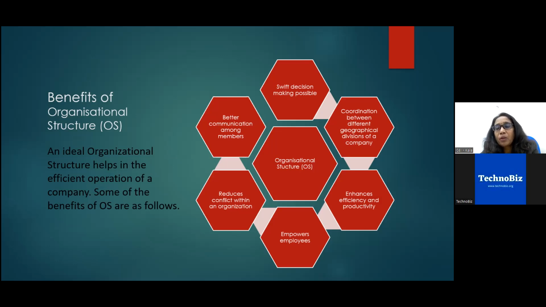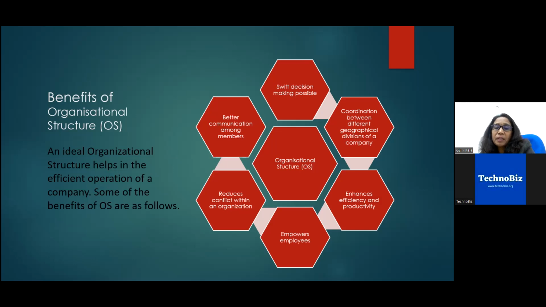For example, organizational structure promotes easy administration and working of an organization at multiple locations. A well-defined organizational structure enables better coordination between different units at various locations to ensure the attainment of common organizational goals.